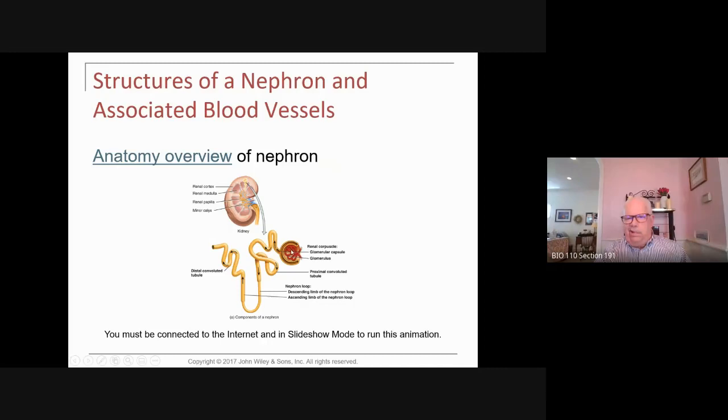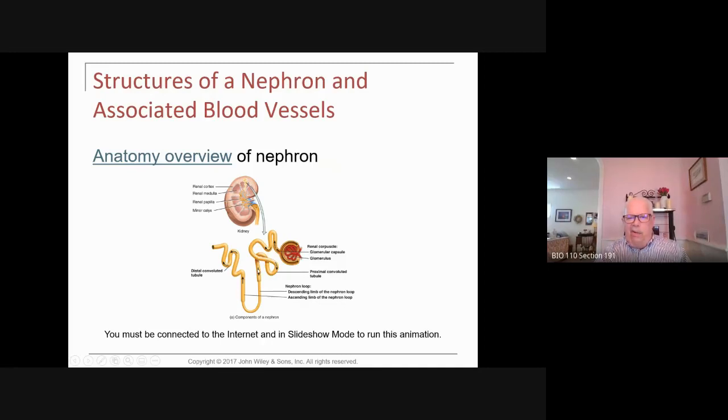Once it is filtered, it goes through the proximal convoluted tubule, otherwise known as the PCT. In the PCT, 99% of filtration takes place.